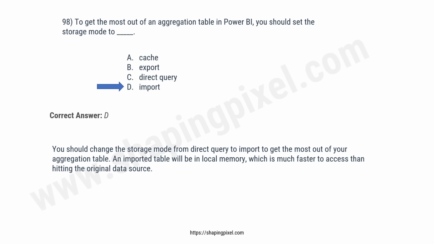You should change the storage mode from direct query to import to get the most out of your aggregation table. An imported table will be in local memory, which is much faster to access than hitting the original data source.